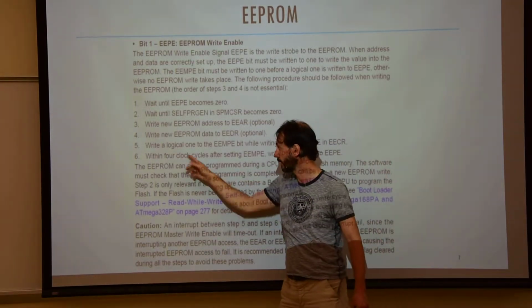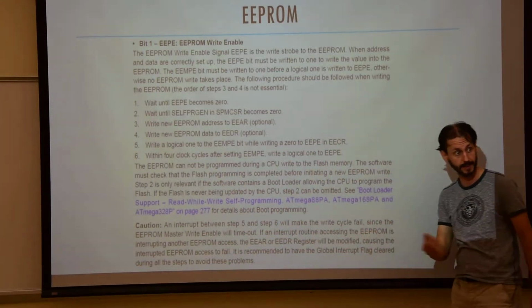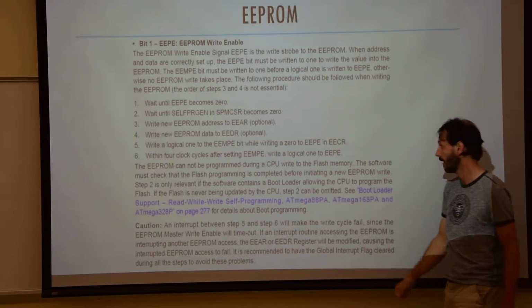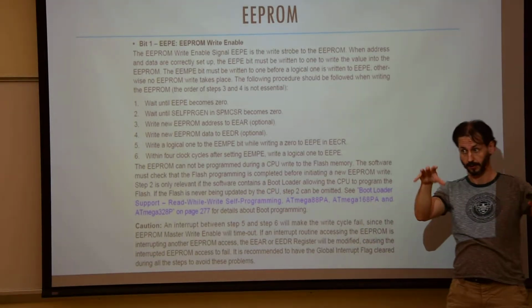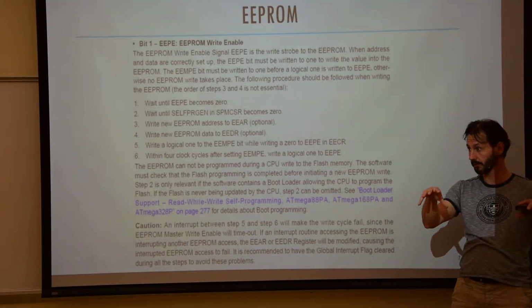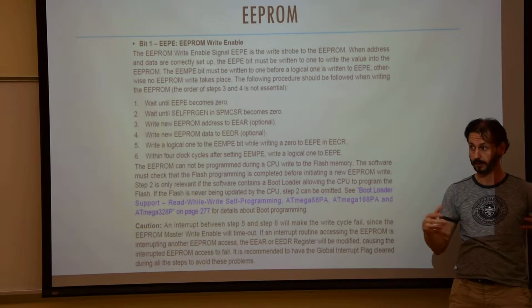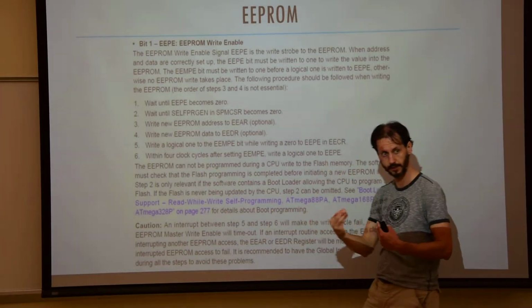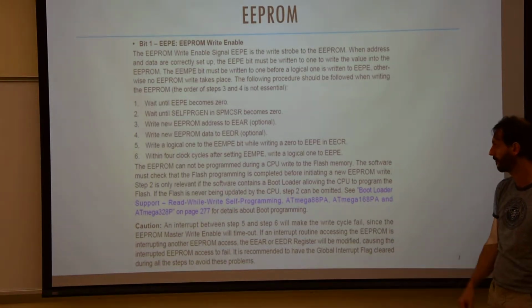Now 4 clock cycles means really the next instruction, because it takes 4 clock cycles to execute an instruction. Because you will fetch register values, then you manipulate those, and then you write it back. And that's why it takes 4 clock cycles to really finish up one instruction.